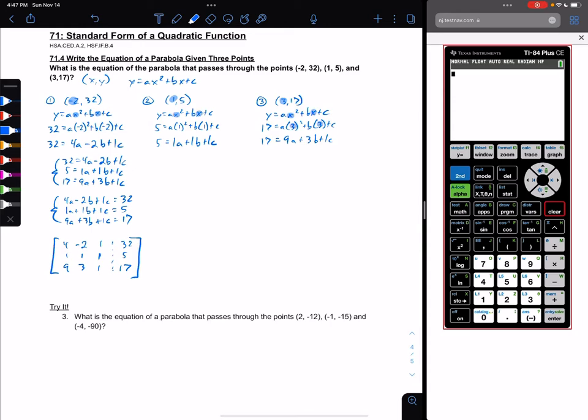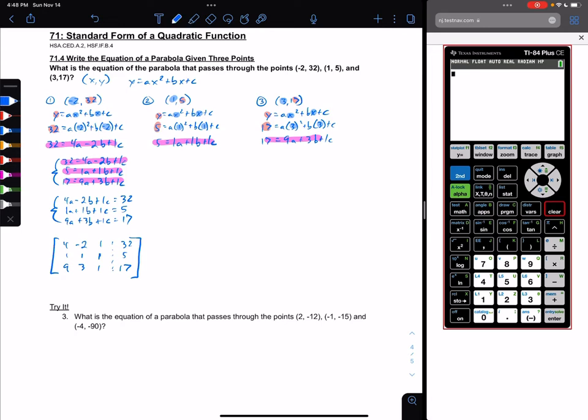Then what I did with the y values is I plugged those in as my y value. I took my 3 equations and wrote them as a system. That system I then turned into a matrix.